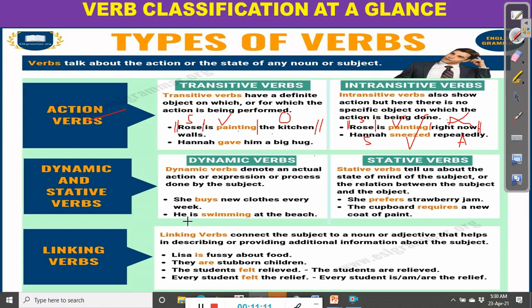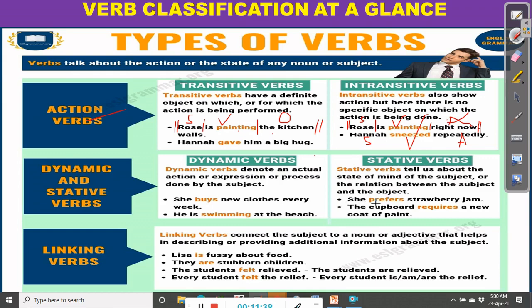All right. Then the second example of dynamic verbs is the verb swim. He is swimming at the beach, so it can be used in a progressive or continuous sense. Swimming is an ongoing process, but you can't use the progressive sense with stative verbs.